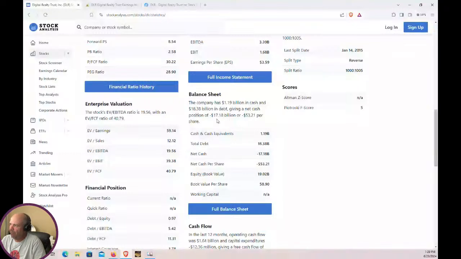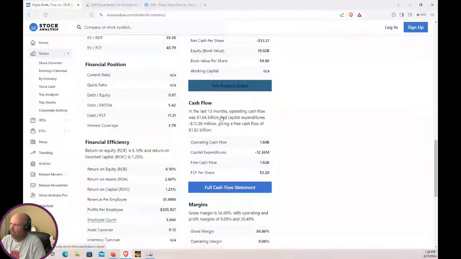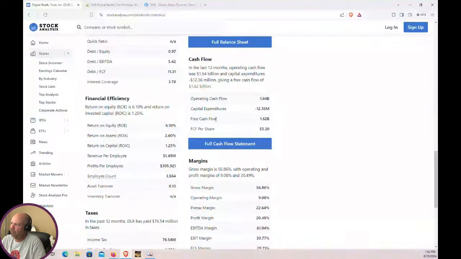Net cash position is negative, down $17 billion. Cash flow $1.64 billion, and they waste every year $12 million, sorry. So they have a cash flow of $1.62 billion. So they're pretty good in this one.